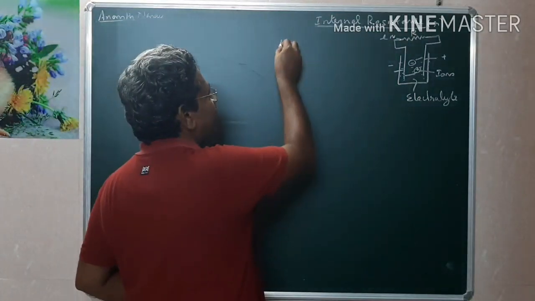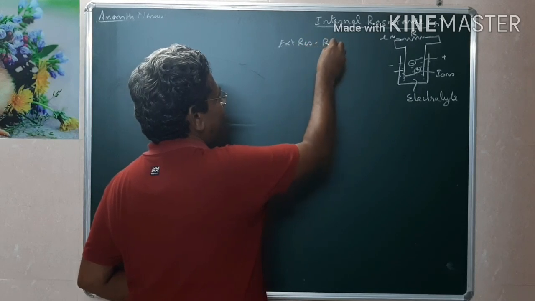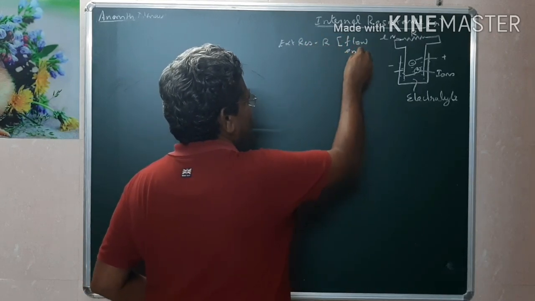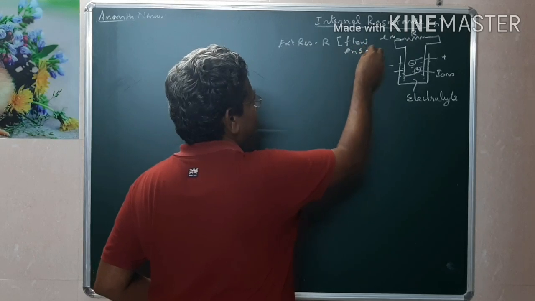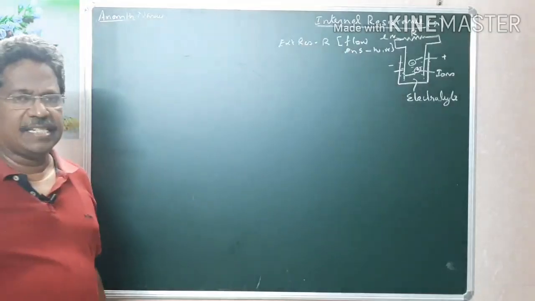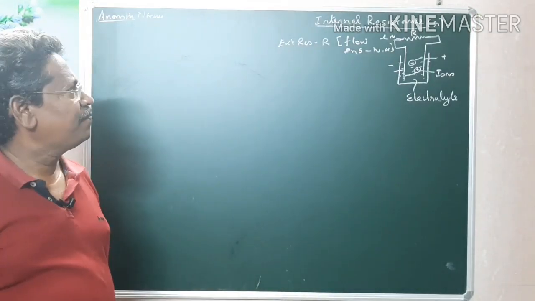Therefore, external resistance, that is capital R, is due to the flow of electrons in a wire. Whenever the electron flows through the wire, the resistance offered is called external resistance.